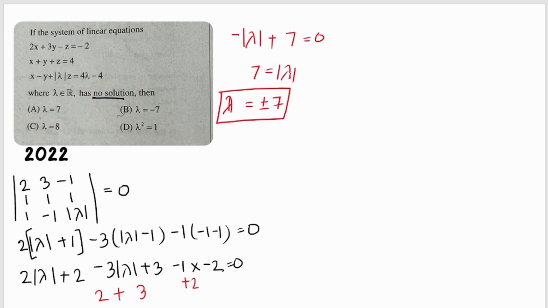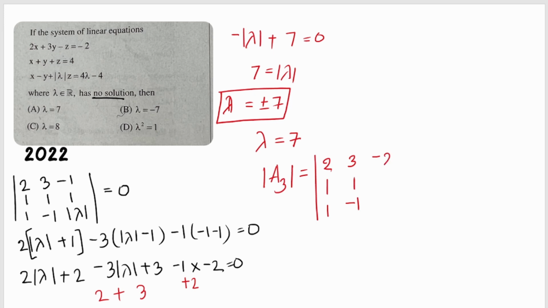For that, first we'll find for lambda. When lambda equals to 7, what is the value of determinant that you're gonna get? We'll check first that. Okay. I'll be checking the determinant of A3. Okay. First two columns will be same. 2, 1, 1, 3, 1, minus 1.